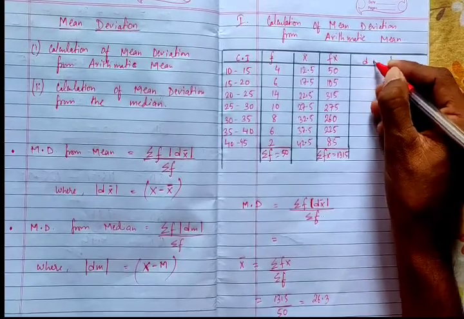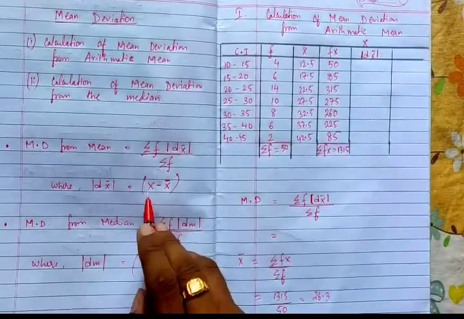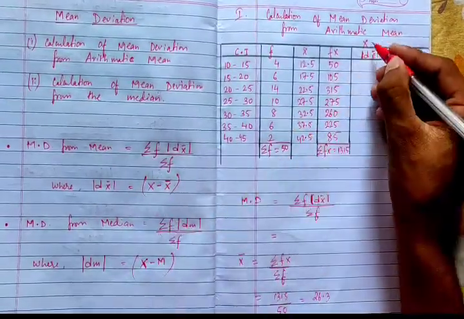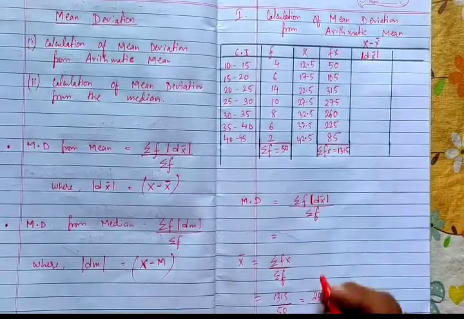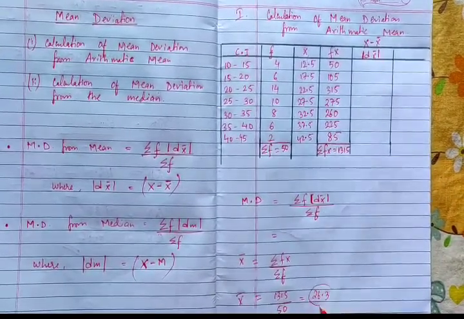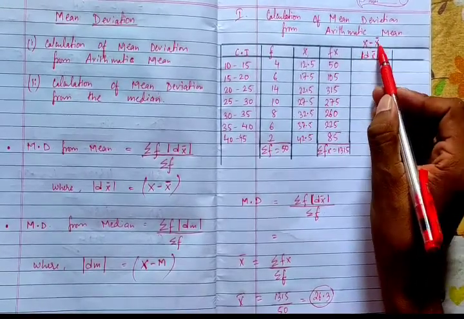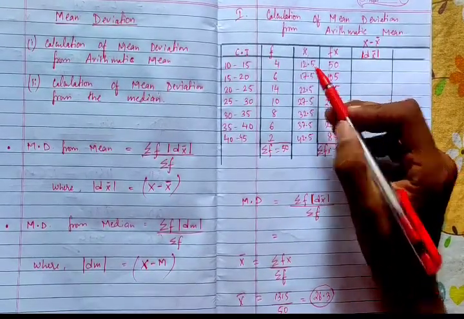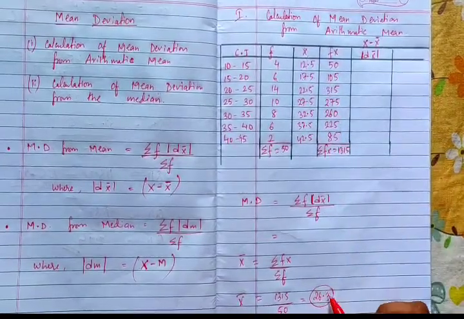Inside the modulus, what is the formula of this? I gave the formula x minus x bar. Now we have x and we know x bar, that is 26.3. How will we proceed? X minus x bar means 12.5 minus 26.3, then 17.5 minus 26.3.